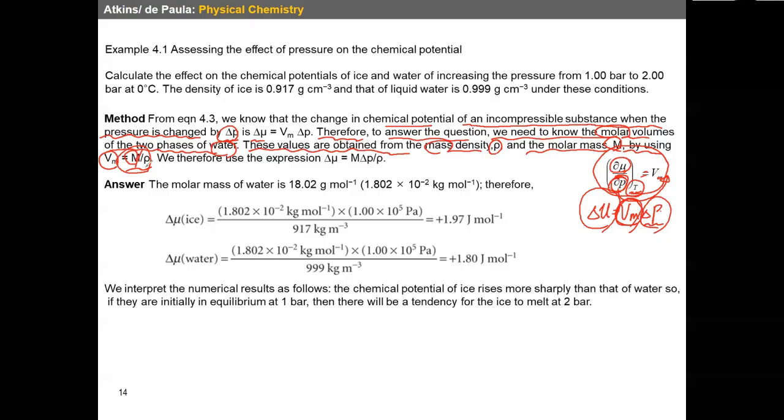So you can replace Vm, and finally we have delta mu equals molar mass over density times delta P. We know the density of ice and the density of liquid water, and the molar mass of water is 18.02 gram per mole.